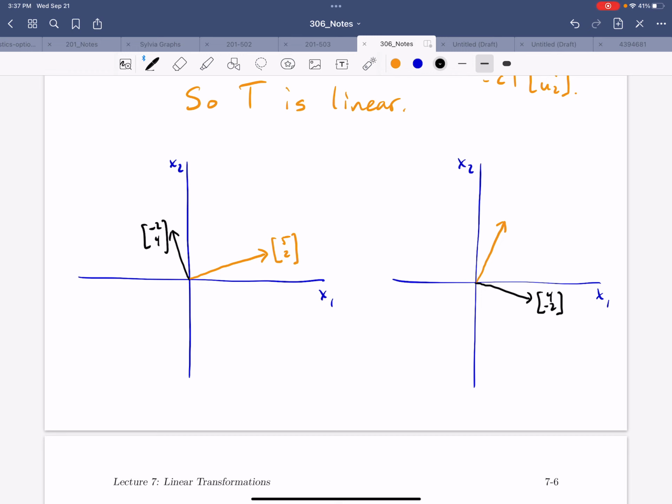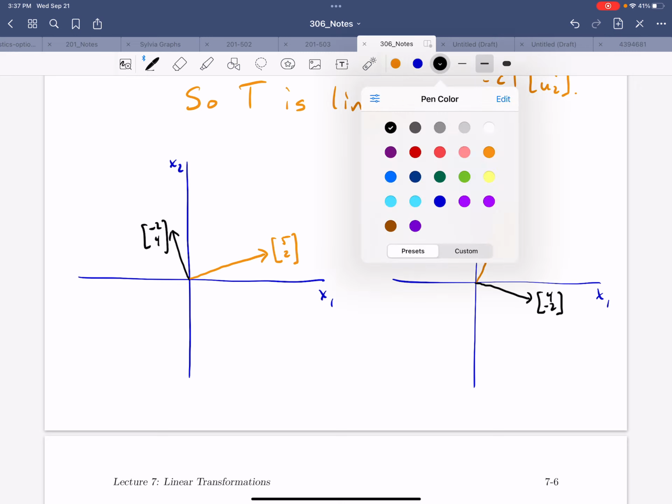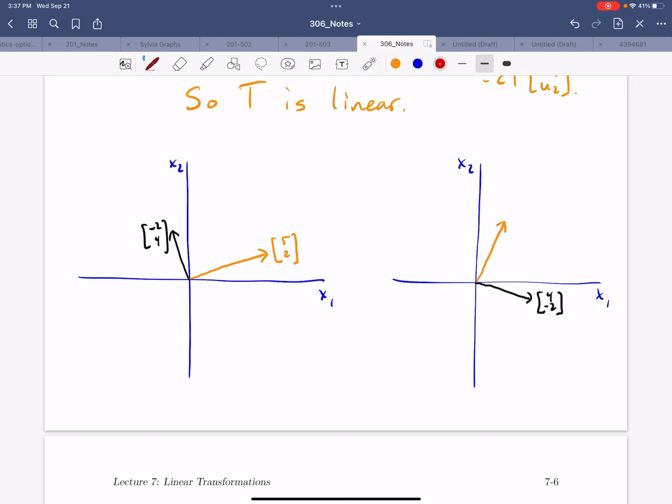So what you might want to notice is that each of these vectors is getting flipped over the line x1 equals x2. Right? Compare the oranges, right? That's where it's getting mapped.